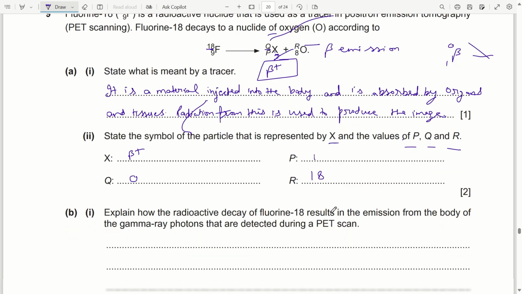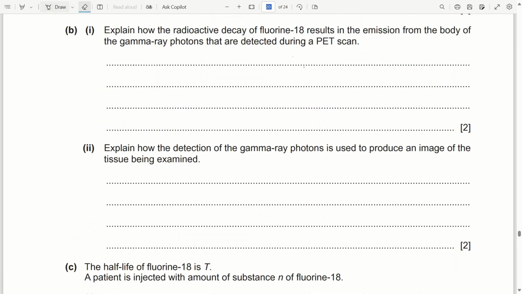Okay, B part. The question here is, explain how the radioactive decay of fluorine-18 results in the emission from the body of the gamma ray photons that are detected during a PET scan. So what happens during a PET scan? As we have seen in the above example, a beta particle is emitted when fluorine-18 decays. That beta particle is a positron.